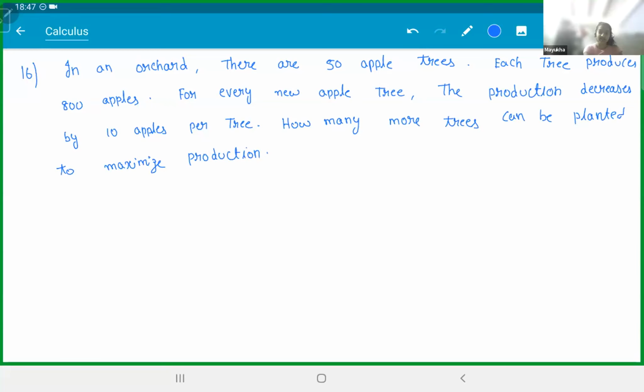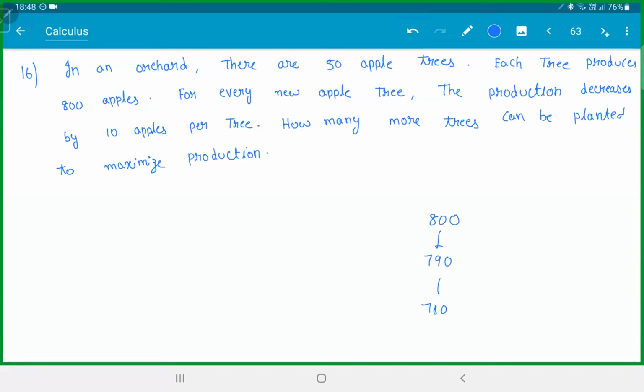Sir, I didn't understand the question. We have a big orchard. Okay, you don't like apples. So in a mango orchard, there are 50 mango trees. Each tree is giving you 800 mangoes. For every extra plant that you plant, the production will decrease by 10 apples per tree. That means if you plant one tree, initially it produced 800 apples, now it will produce 790. If you plant 2 trees, it will produce 780.